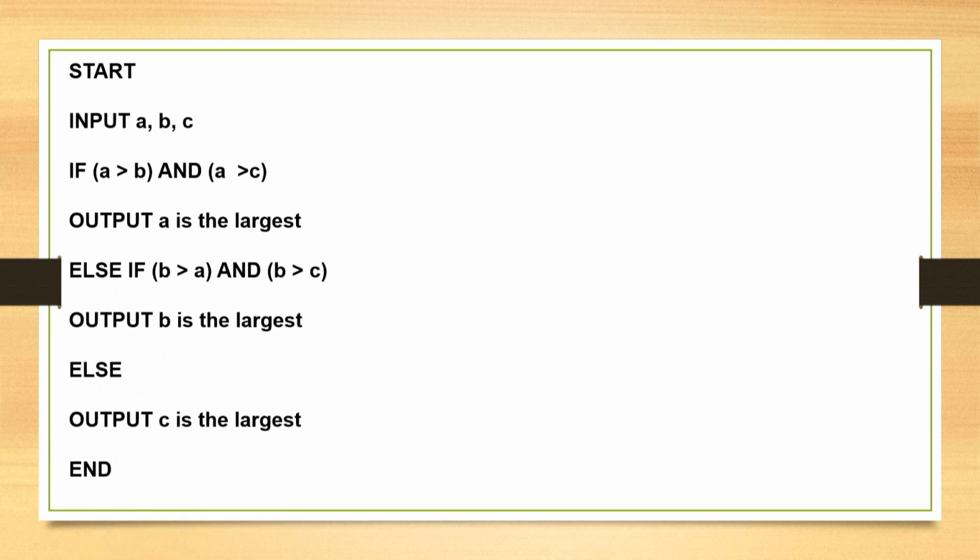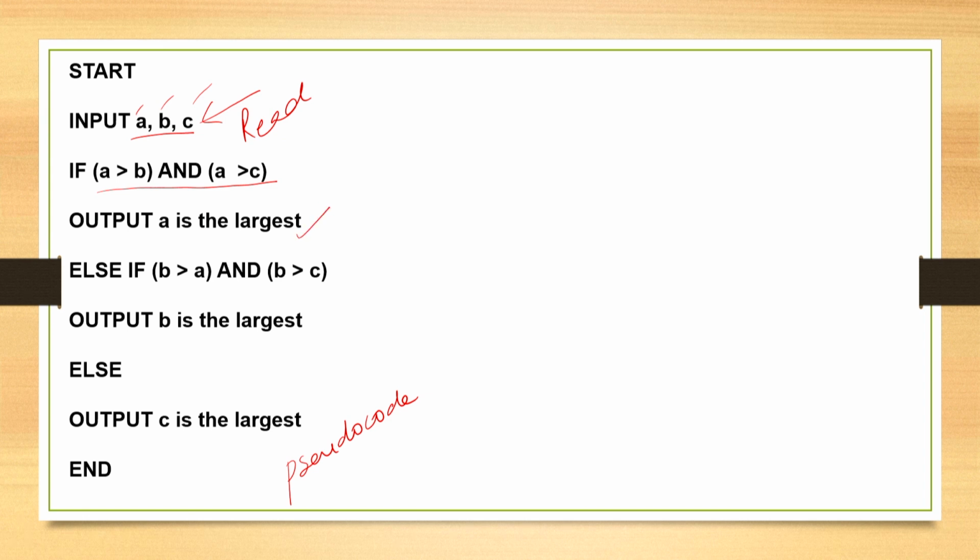Take another example which compares three numbers to find the largest among these. First, I will consider the pseudocode. So, what does the pseudocode say? Input. This means what? Read the variables, or you can say numbers A, B and C. Then it will check if A is greater than B and A is greater than C. It means what?